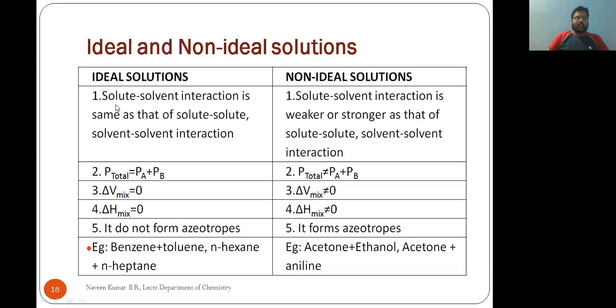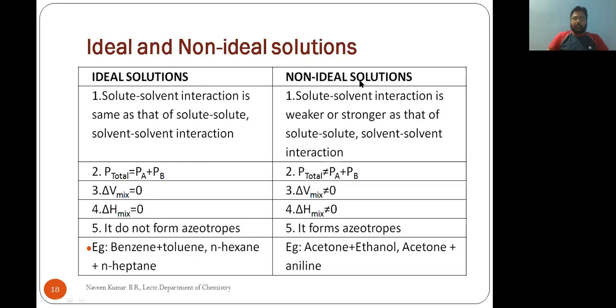Generally solute is taken as component B and solvent as component A. You can assume AB interactions are the same as AA and BB type. That is, solute-solvent interaction is the same as solute-solute and solvent-solvent interaction. That is called an ideal solution.